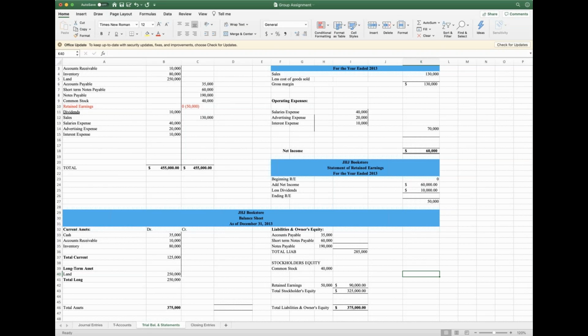So for the first closing journal entry, it'll be sales, and what is it, 130? Because that was our total for the sales, 130,000. So it'll be on the debited side. And then you'll have income summary, which will be 130,000 on the credit side.